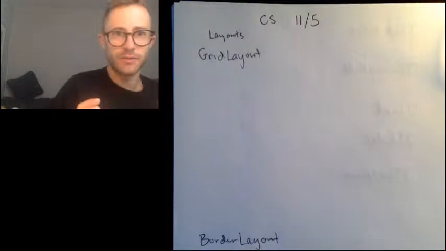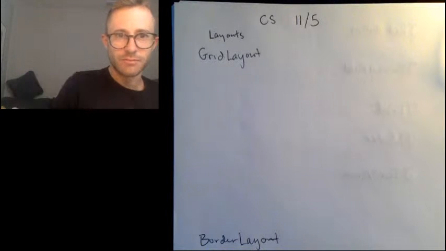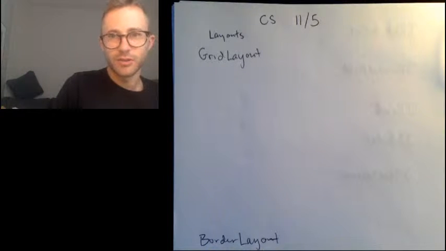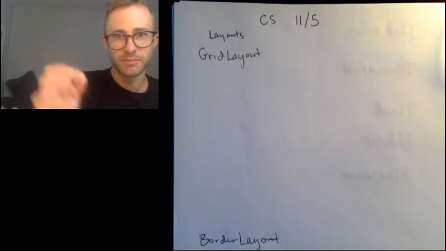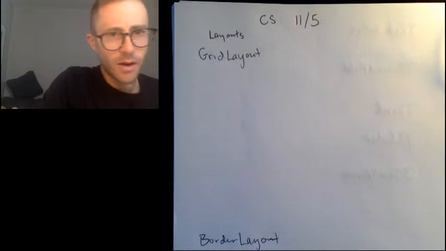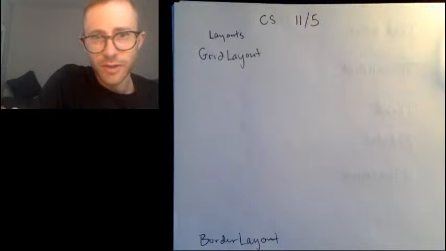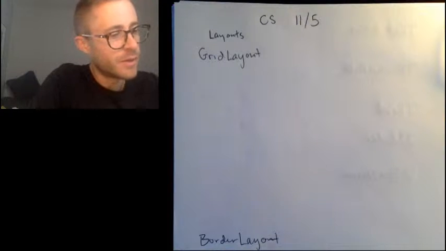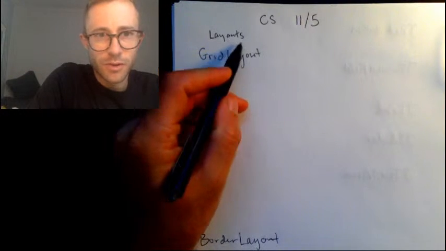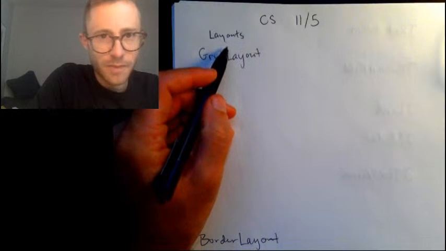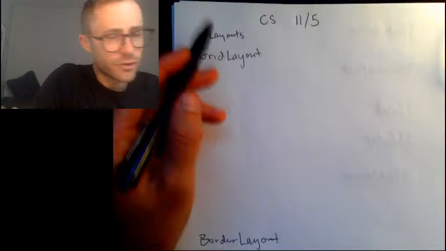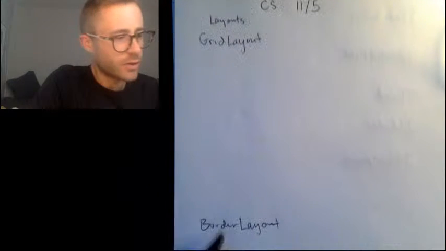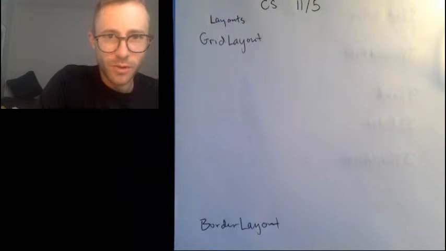You can generally say where you want something to go, but you can't say I want it to be at this pixel location. The way that you generally say where something is going to go is you use what's called a layout. We're going to learn about two of them today. One's called the grid layout and one's called the border layout.